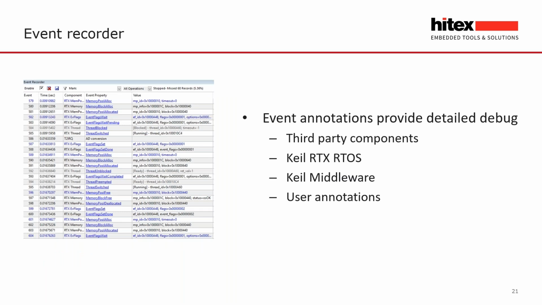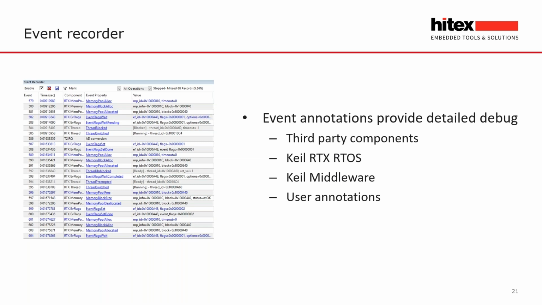Now, while we can use the event recorder simply as a printf channel, it's also possible to add annotations to our code so that we can send detailed debugging messages up to an application trace window called the event recorder. So here we have the annotated operating system.